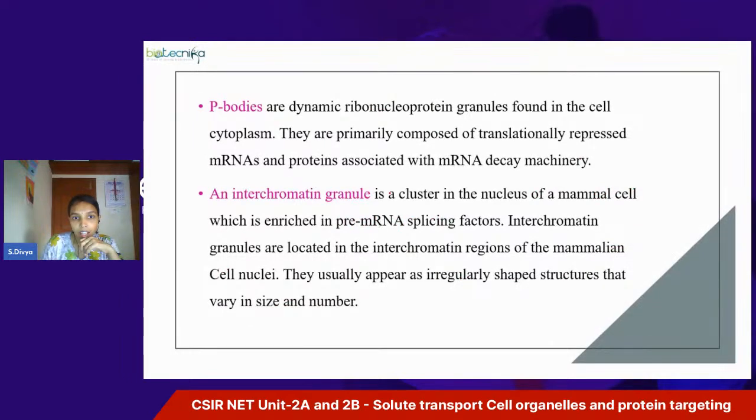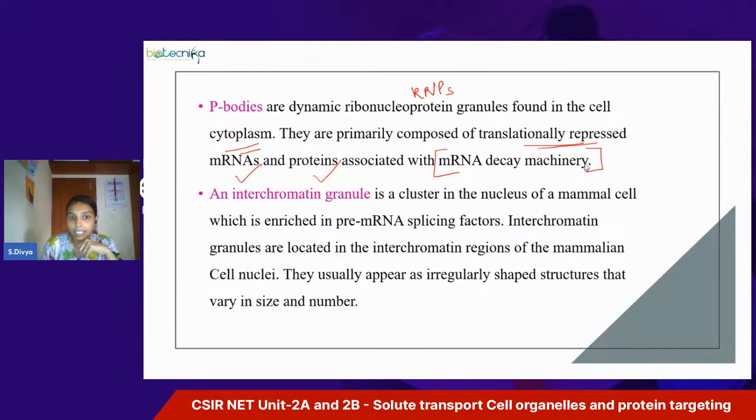P bodies are RNPs, that is ribonucleoproteins, found in the cytoplasm, composed of translationally repressed mRNAs and proteins associated with the mRNA decay machinery.